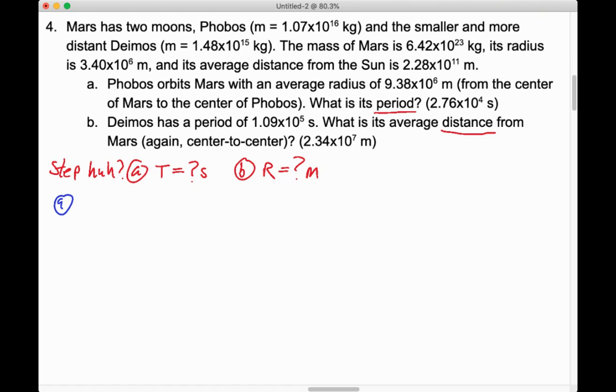If you wanted to, in part A, we're trying to find the period. So the ugly version of Newton's version of Kepler's third law is this: T is equal to the big square root, big parentheses, 2 pi over square root GM, times r to the 3/2.